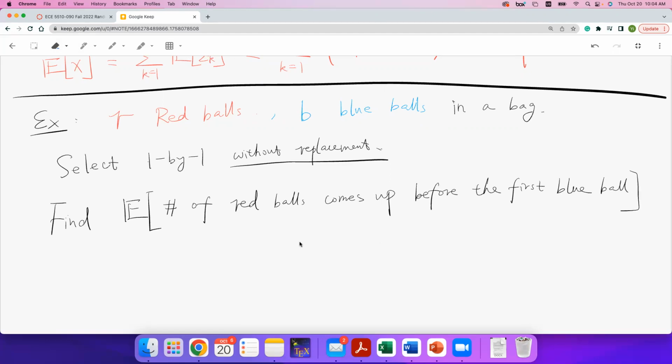This is a random variable X. I define this random variable as the number of red balls that I draw before I draw the first blue ball.